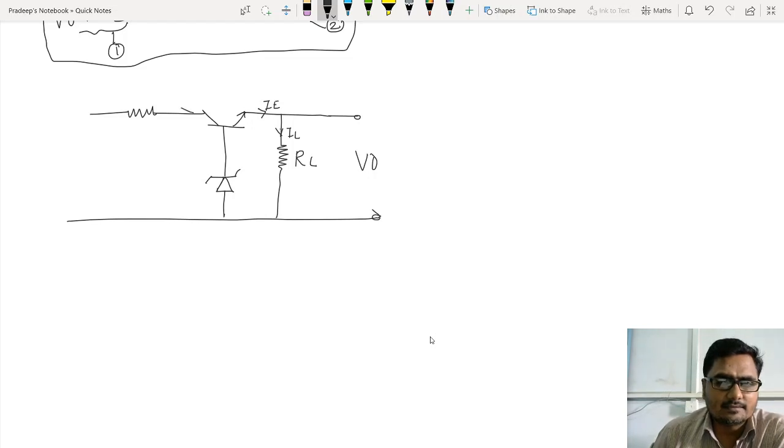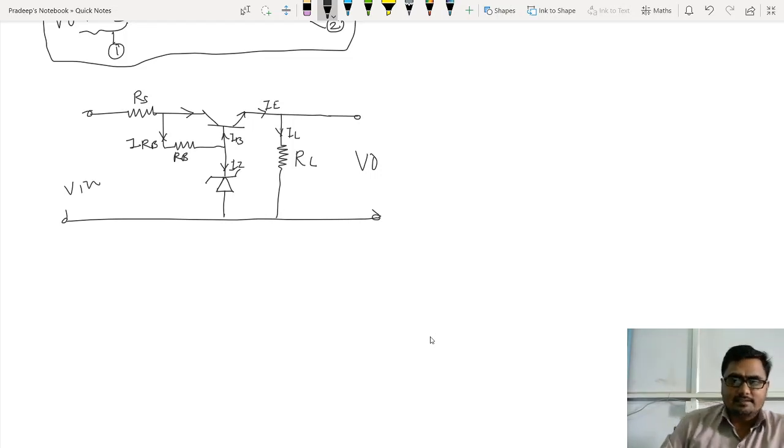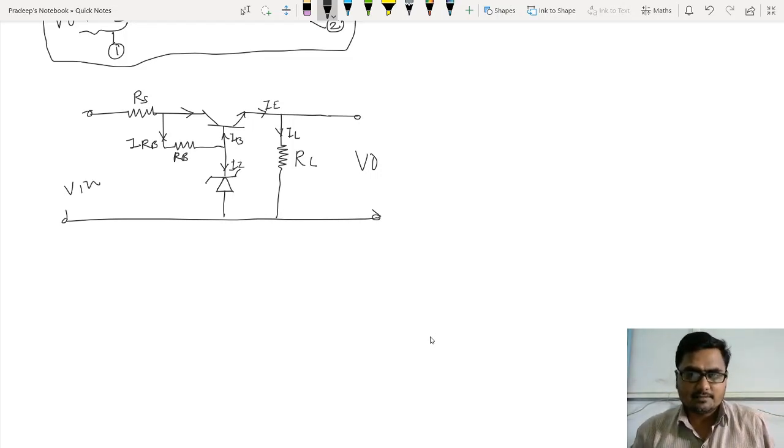Okay, one resistor that we forgot to connect. This is IB flowing upward and IZ flowing downward. Call it RB, and the current flowing through it is IRB. This is RS, this is input voltage Vin. In fast mode we have finished the circuit diagram. Let me connect the Zener diode to the ground. Hope you understand that.